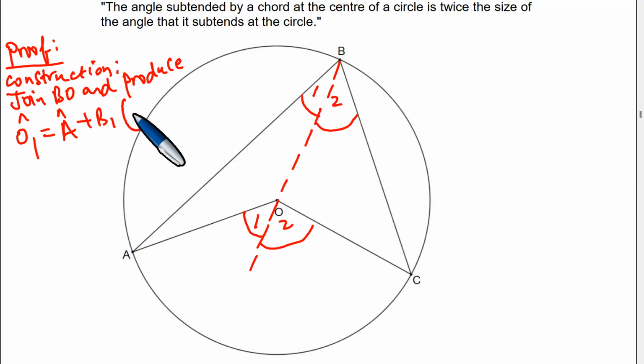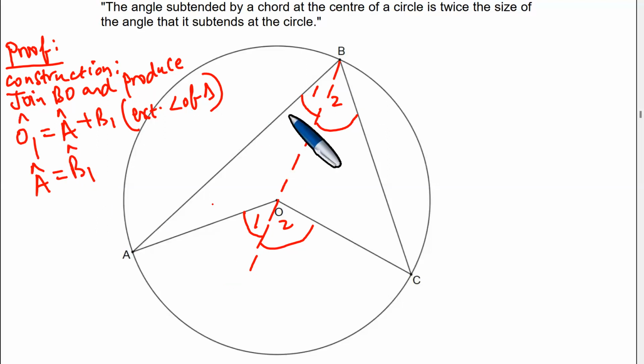Why is this the case? Because of the exterior angle of a triangle. Once you say exterior angle of triangle, we know this exterior angle is equal to the sum of the interior opposite angles. Also, we state that angle A is equal to angle B1.